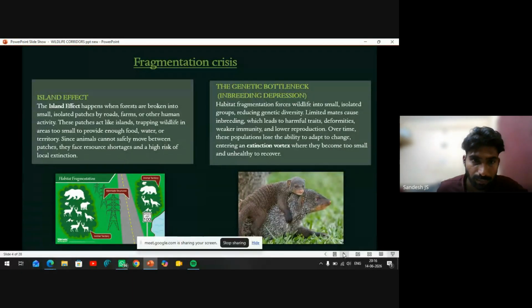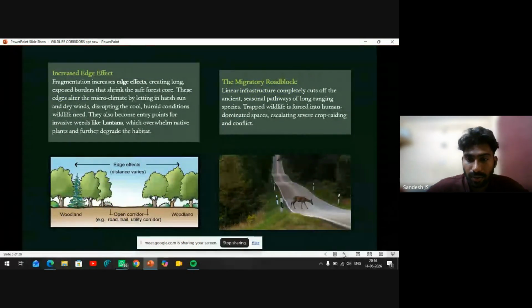Coming to the next is the increased edge effect. So, because of habitat fragmentation, it increases the edge effect, creating long exposed borders and shrinking the safe forest cover. So these edges alter the microclimate by letting in harsh sunlight and dry winds, disrupting the cool, humid conditions the wildlife needs.